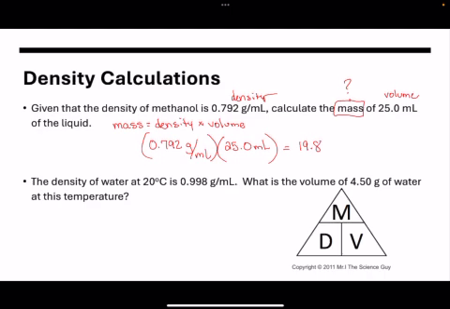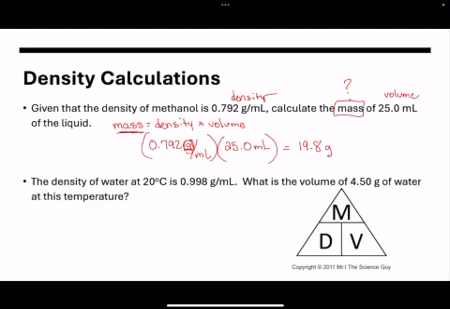And then notice we're looking for mass. And in our problem, our mass unit was grams. So that will be our unit for our answer. We have 19.8 grams of the methanol that is used in this problem.